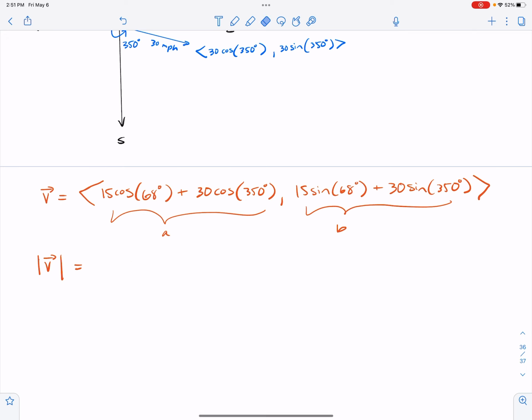Here, I'll show it all written out too. So the square root, you can type this whole thing into your calculator, of 15, or since I'm in Notability, let me just copy and paste it.